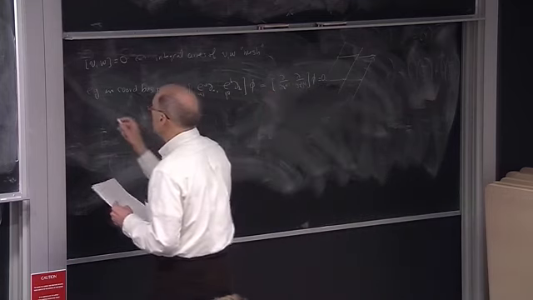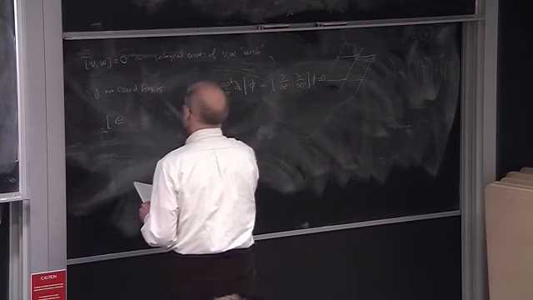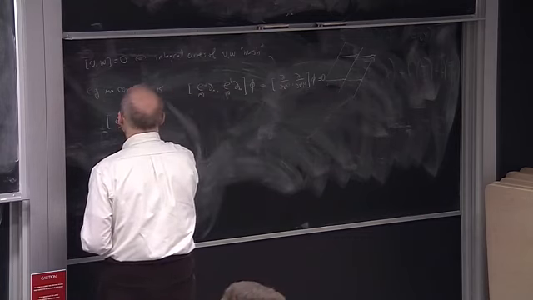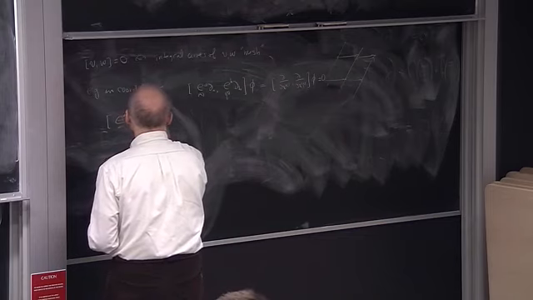So it means that in a coordinate basis, this thing vanishes: E alpha A, E beta B equals 0.